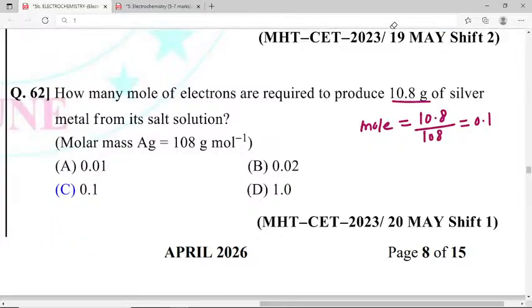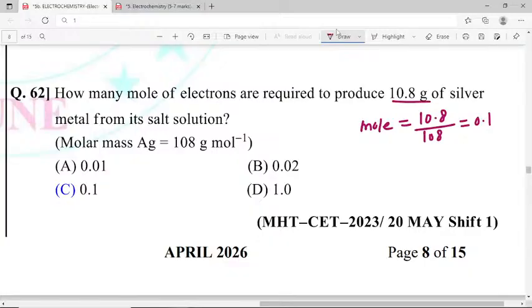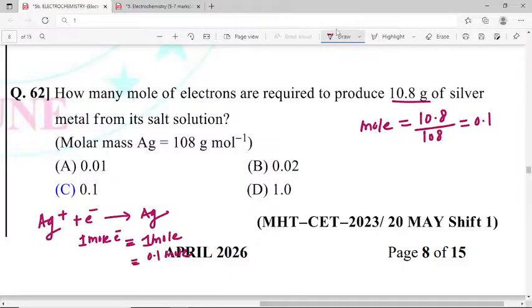Silver as Ag plus plus electron gives Ag. Okay, so this is 1 mole silver metal from salt solution. So this 1 mole requires 1 Faraday. This is the 1 mole electron. So 0.1 mole required. So this is 0.1.